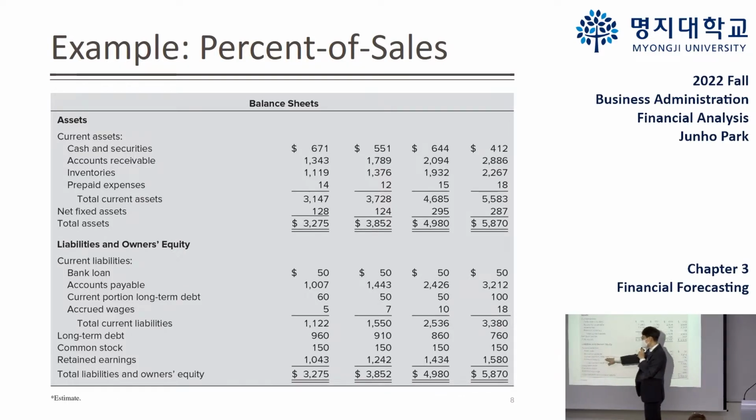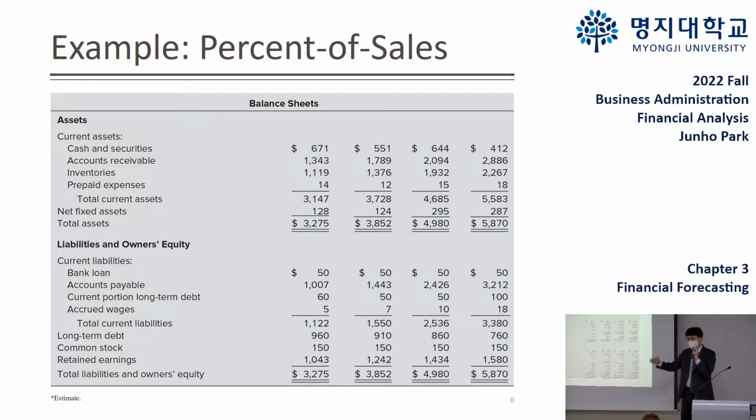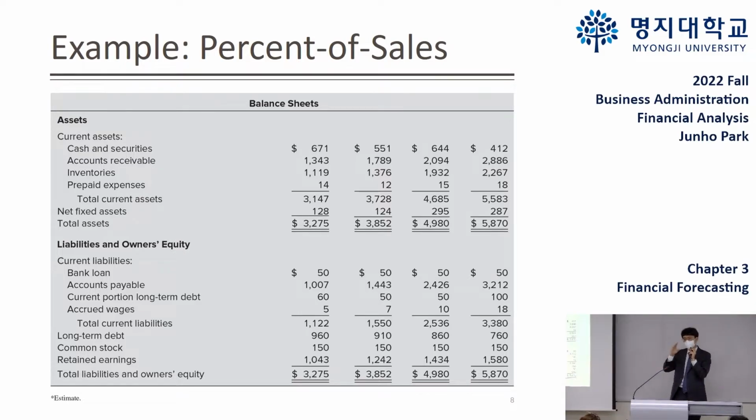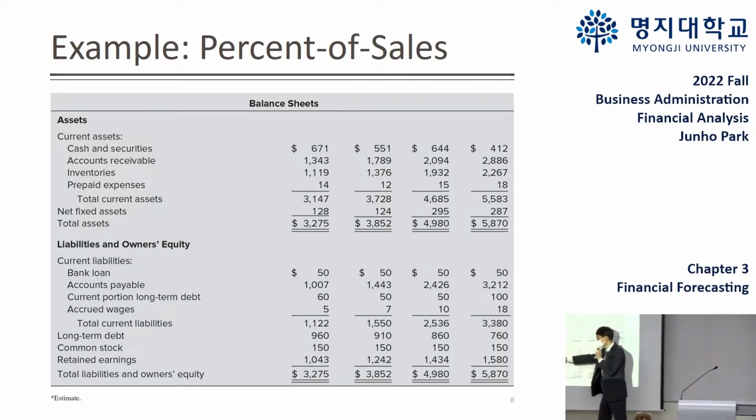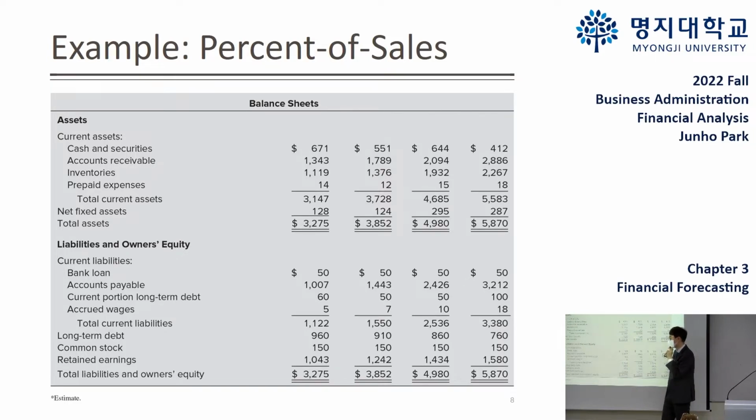And current portion of long-term debt, it means if you have this amount of long-term debt, and now because your maturity comes soon, you have to pay back some of the money, and that will be called current portion of long-term debt. So this is also a part of interest-bearing liabilities.